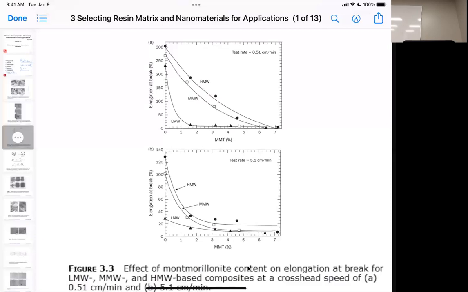The short chains are not interacting with the plates enough, and they're just breaking apart. With the highest molecular weight, it's slowing it down, but the long chains are still slipping past each other. The plates are small enough that the chain dominance is greater than the chain to nanoparticle dominance.